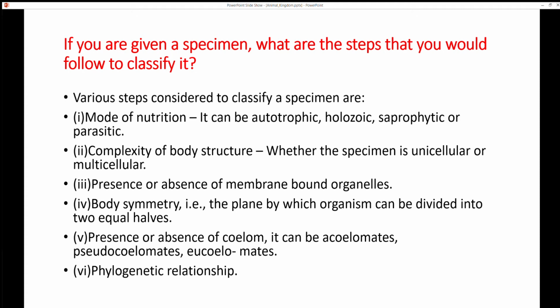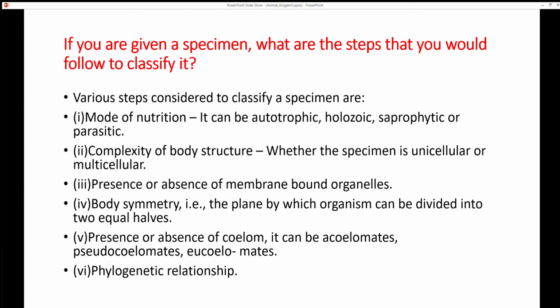Multicellular is nothing but many cells, like how we are multicellular. Different organs are responsible for different activities. So that is the difference. Most of them are unicellular. When it is a big organism, that will be multicellular, because many cells will be responsible for it. A single cell cannot handle a big organism.